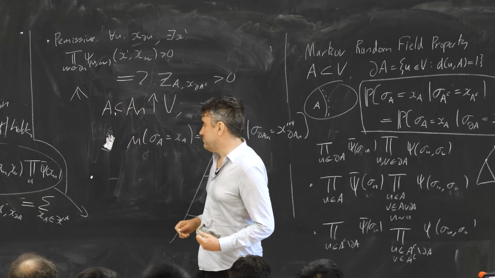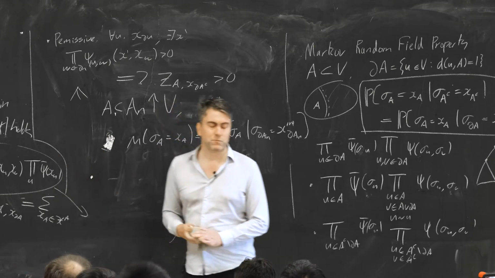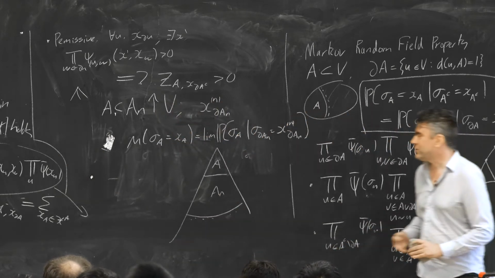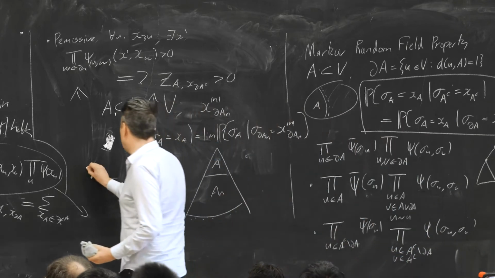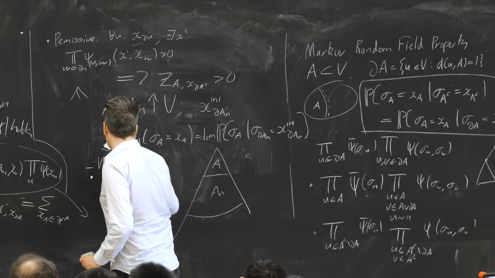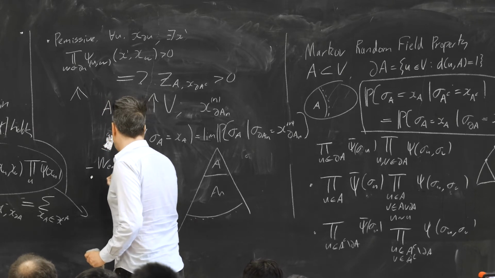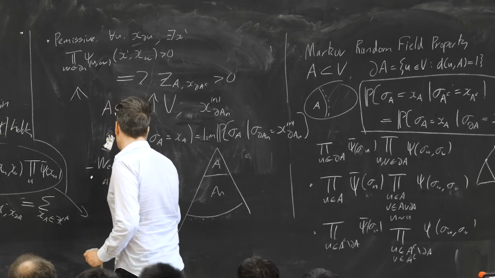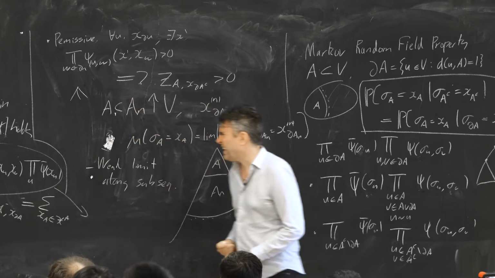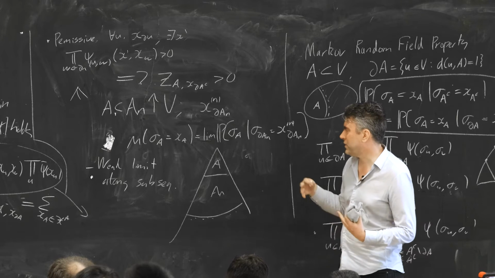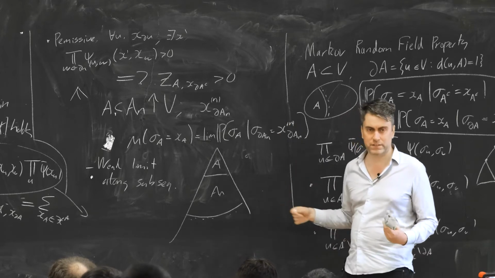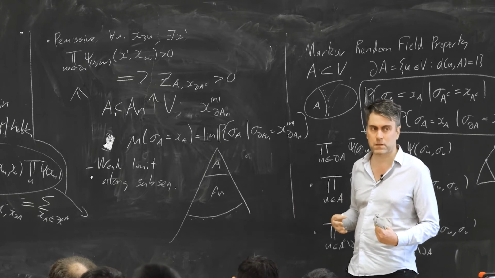So essentially the proof of existence is a weak limit along a subsequence. As long as the model is permissive, we'll always be able to find such a subsequence.